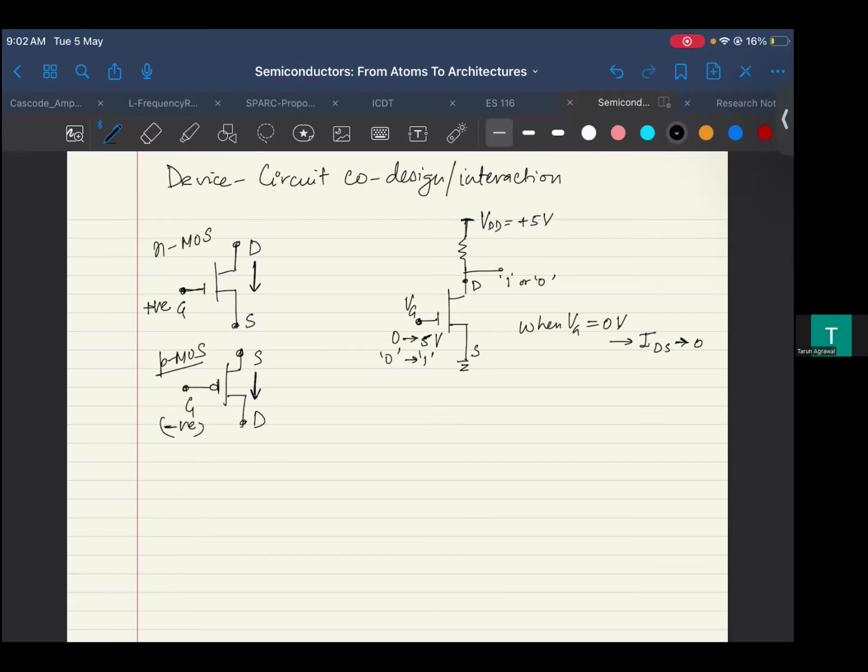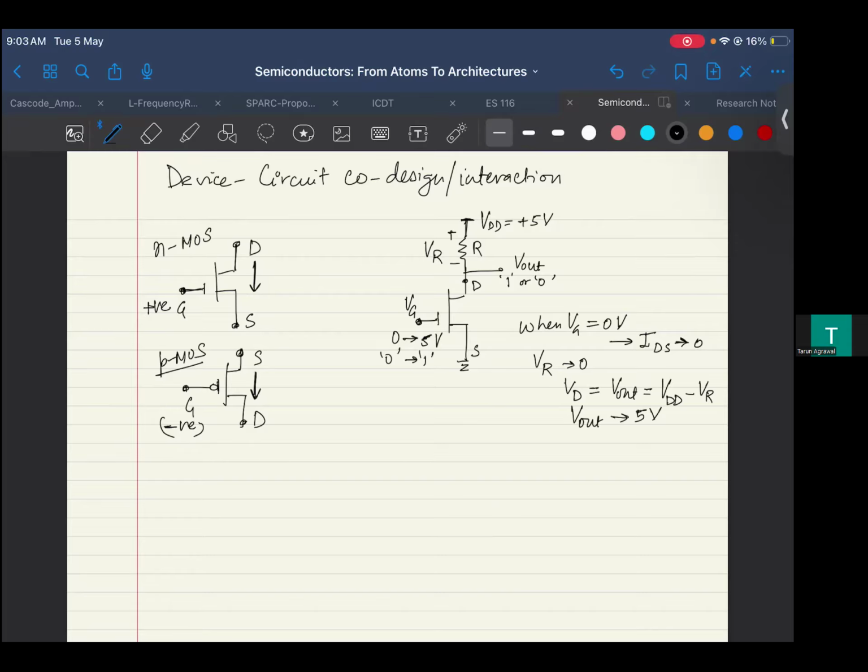And when it is close to 0, the drop across the resistor, let's call it VR, is also close to 0. When VR is close to 0, VD, which is our output, is equal to VDD minus the drop across this resistor, so V out becomes close to 5 volt.